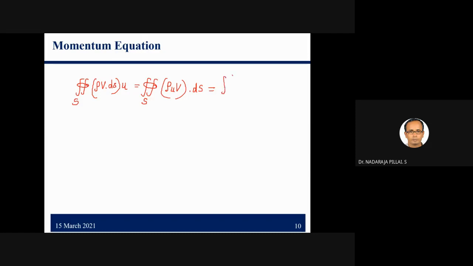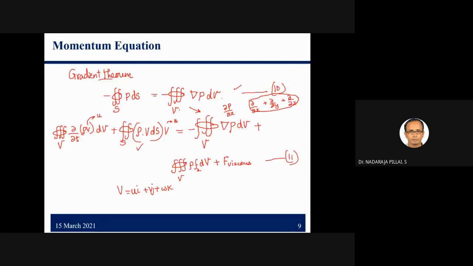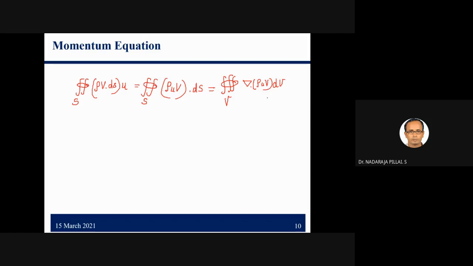We can write triple integral over the volume V del dot rho uv into dV. So all the equations are in the triple integral. Let us say this is equation 12.